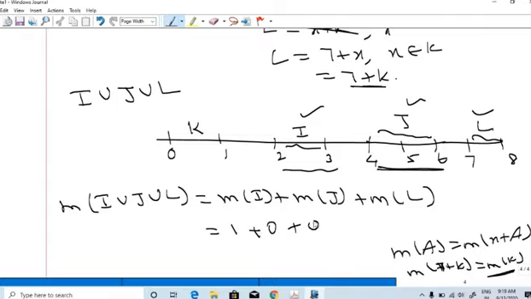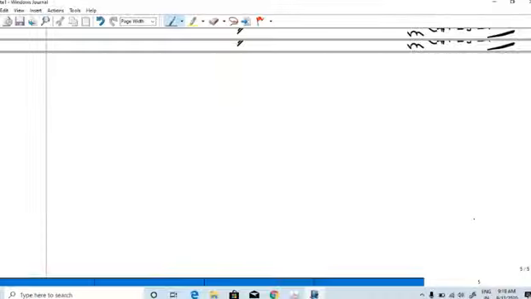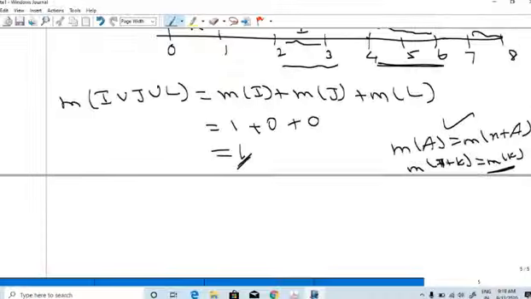So the total measure is 1. We just use the property that the measure of a union is the sum of the measures, because they are disjoint sets; the measure of A equals the measure of x plus A; and the measure of the Cantor set is 0. Using these three properties, we get the answer is 1.